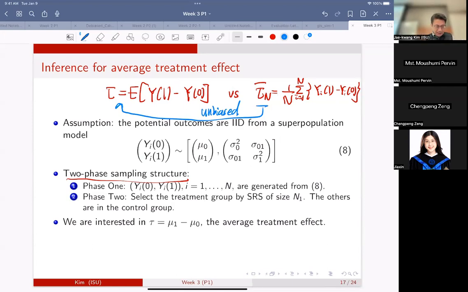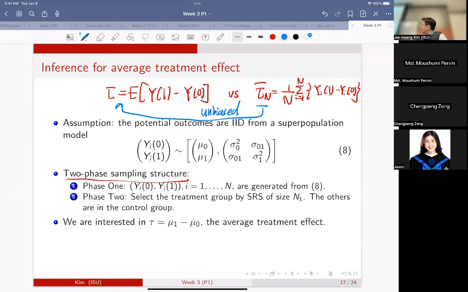So the idea is, let's separate out two randomnesses. One randomness is in generating Y, the other randomness is in the assignment. Then you can conceptualize that you have a finite population generated from a certain random model, a realization of random variables. That's the usual statistical model-based framework in the first phase.